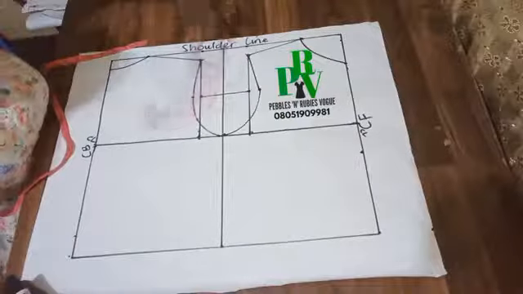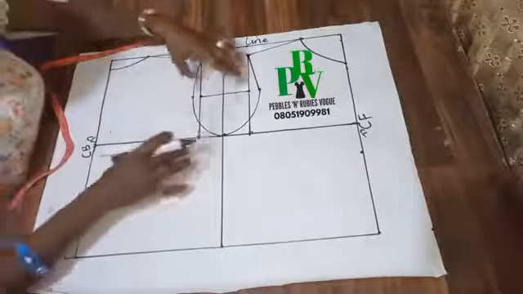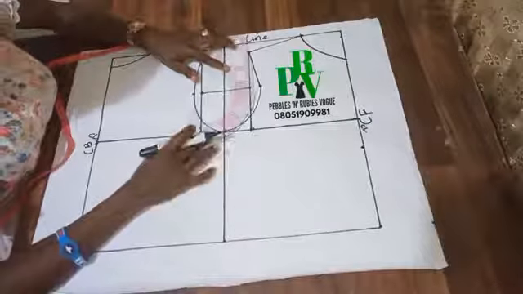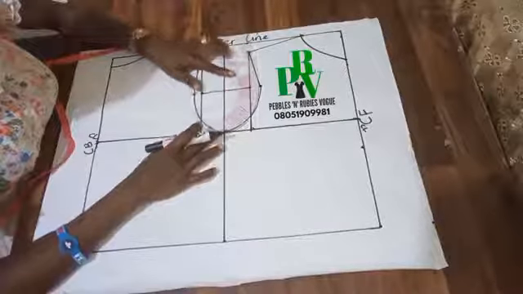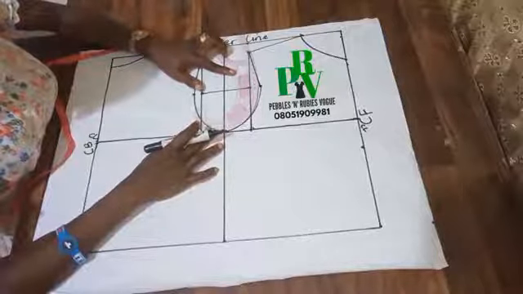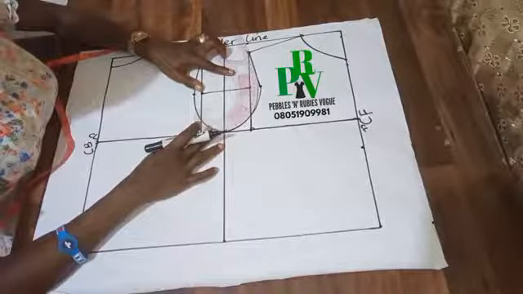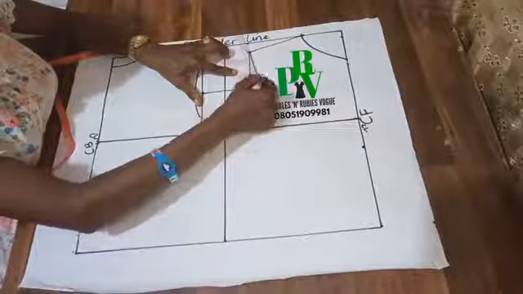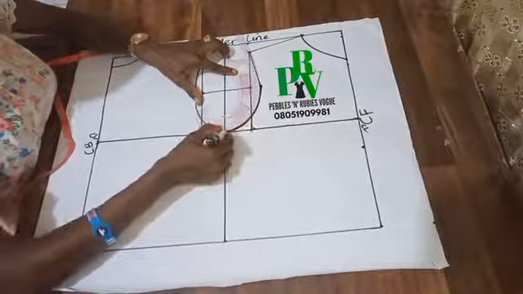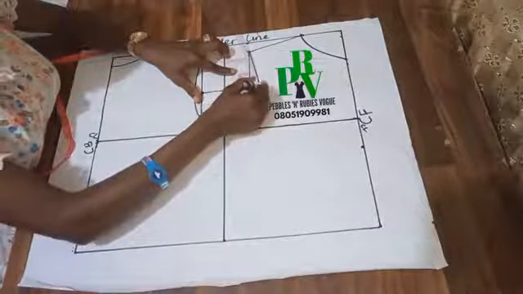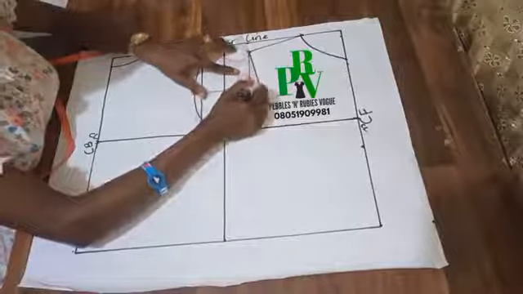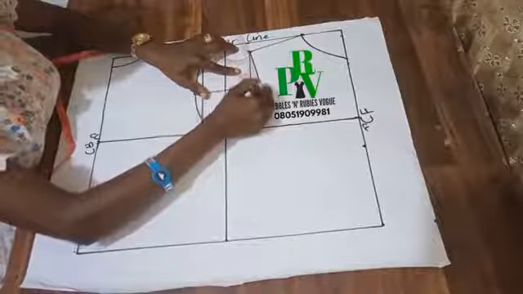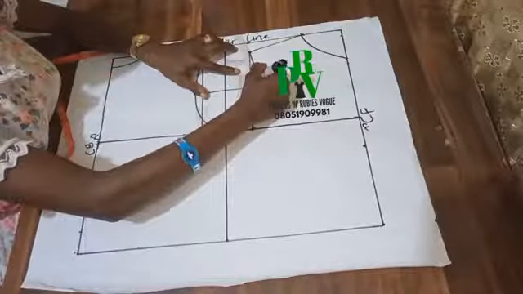So it's the same way. I can choose to use my curve ruler to connect the 3 points as well, like this. It will still give me the same result, just like we did for the back block. Or the first method I used, I can connect it this way.